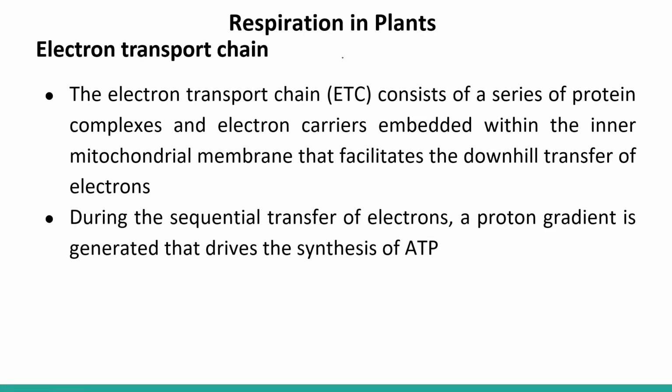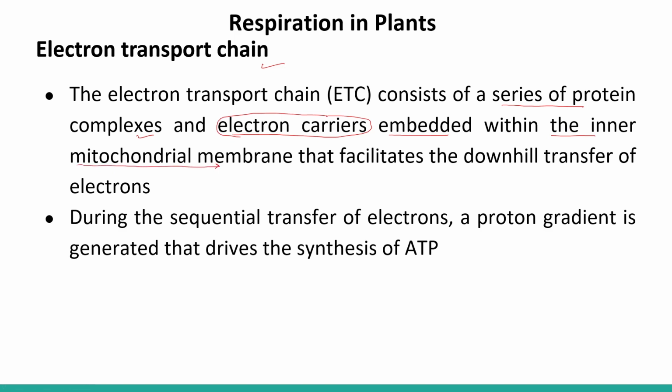Now let's talk about the electron transport chain first. It consists of a series of protein complexes and electron carriers. There can be electron carriers or hydrogen carriers, and these carriers are embedded within the inner mitochondrial membrane.